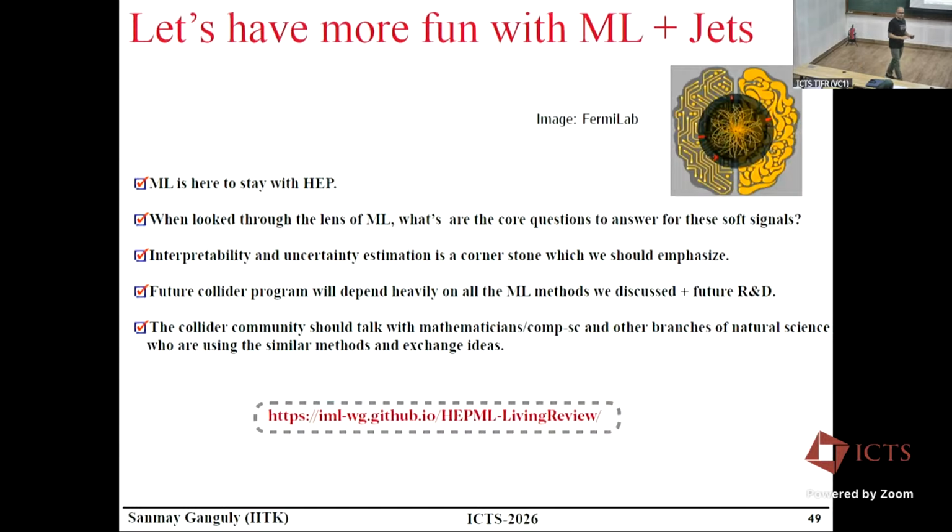Over the last decade, we can say machine learning, and of course I didn't discuss how much machine learning is also used in things like lattice, where people are trying new methods for sampling, etc. But in our domain of at least experimental high energy physics, machine learning is intricately everywhere, and it's going to stay with us. So we are trying more and more on uncertainty estimation, interpretability, etc.